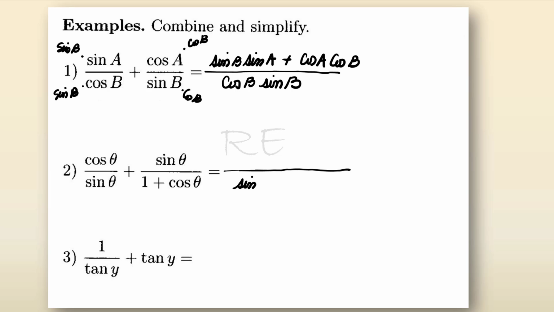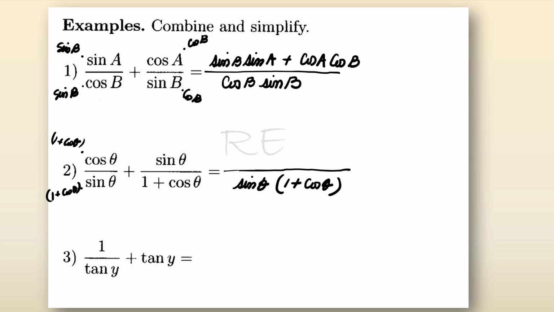Sine theta times 1 plus cosine theta is the common denominator. The first fraction needs to be multiplied by 1 plus cosine theta over 1 plus cosine theta.